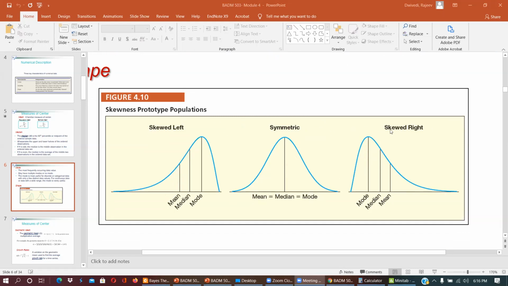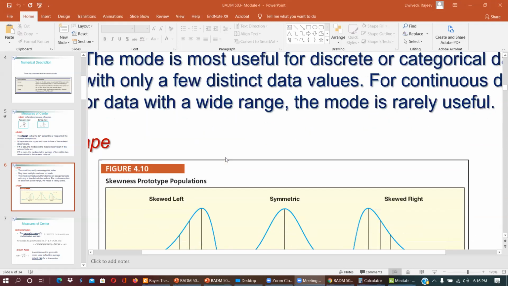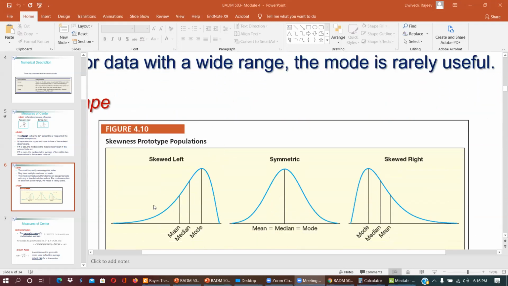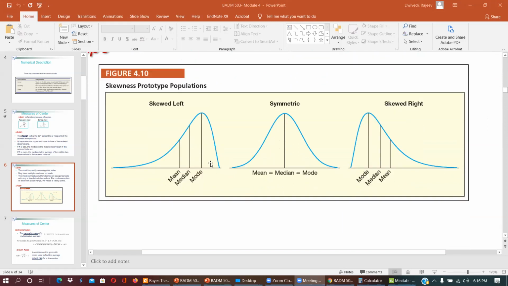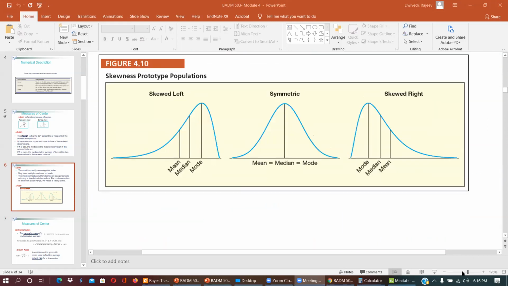So mean, mode, median can also explain the shape of the data. These three items are about center, and they also explain the shape.